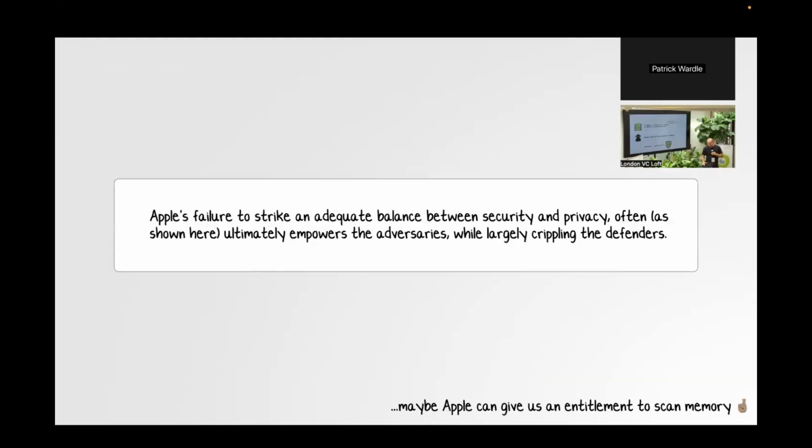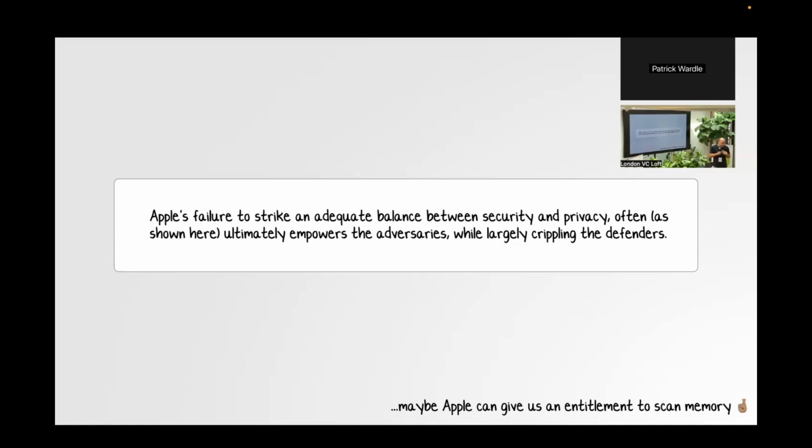Because of Apple's decision, or really their failure to strike an adequate balance between security and privacy, often, as is shown here, this ultimately empowers advanced adversaries while largely crippling defenders. Now, I'll also be the first to admit, this is a hard problem to solve. I think it's great that Apple places so much value on privacy.